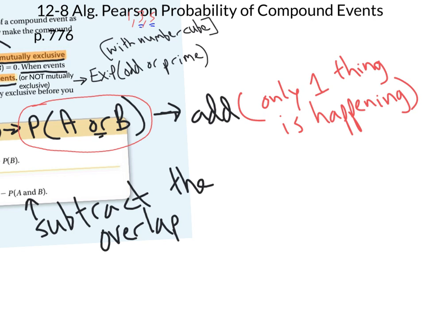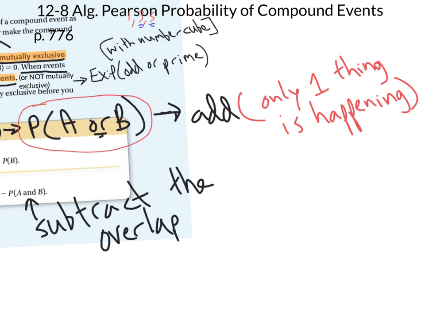There's only one thing happening, so we're just going to look at all together what's the chance of this thing or this thing happening. When we do that, we want to make sure that we don't count the overlapping events more than once though. So we'll talk about different ways you can do that.